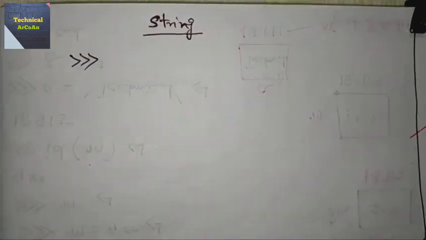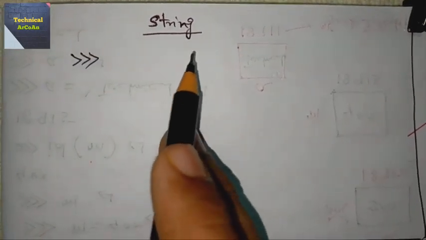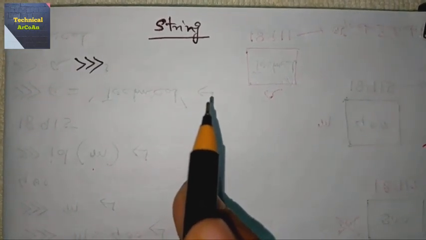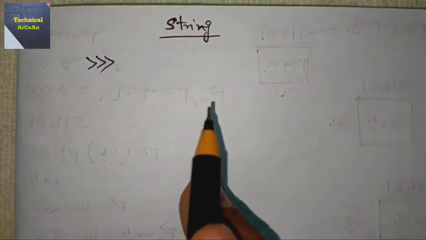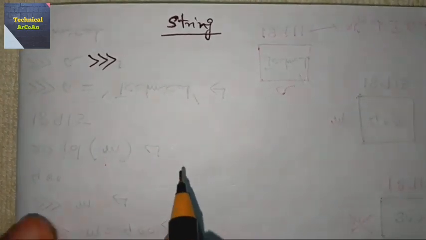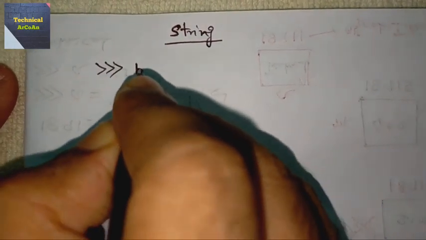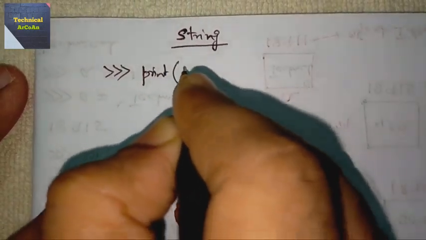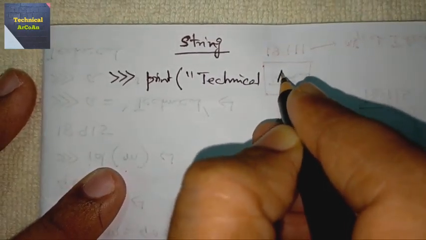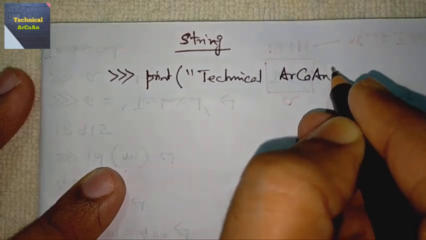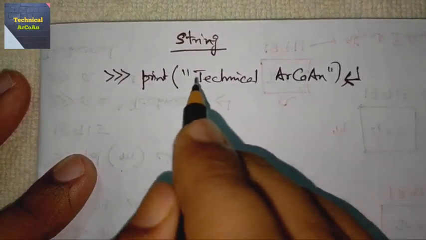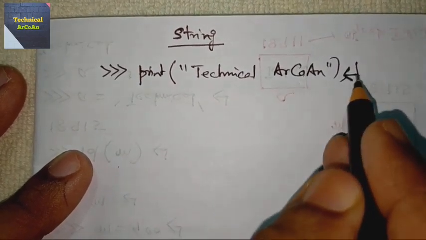Now another example of a data type: string. Strings are sequences of character data. String literals may be surrounded using either single or double quotes. Let's go for an example. In the prompt, suppose we write print and within a double quote "technical arcoen" and press enter.